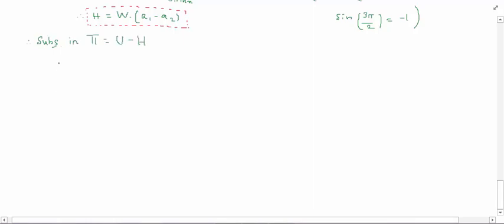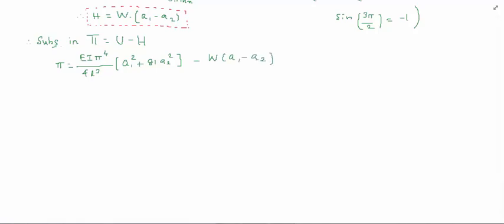Okay, substitute these values in U minus H. We know the formula and the value of U, that is written here, and we know the formula of H, right? So that is written here.